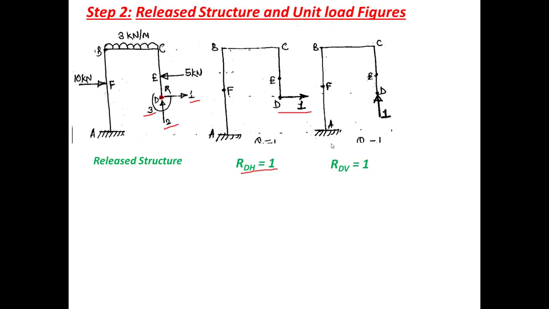Then the second unit load figure is RDV equal to 1, that is, apply a unit vertical force at point D in positive direction, meaning vertically upward. And the third figure will be MDC equal to 1, that is, moment at D equal to 1 in positive direction, meaning anti-clockwise. So we have applied an anti-clockwise unit moment at point D, that is MDC equal to 1. So these are the unit load figures.